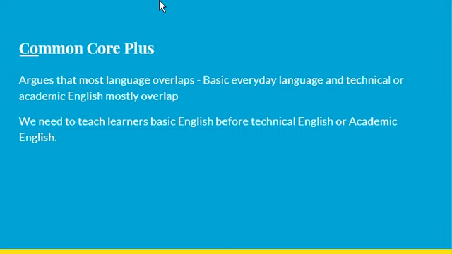So you're going to start step by step. First you're going to teach them maybe common classroom language, like we talked about last week, like, may I go to the restroom, or may I get a drink of water? They would have to learn that before they start talking about academic English, or English for certain subjects or workplaces.